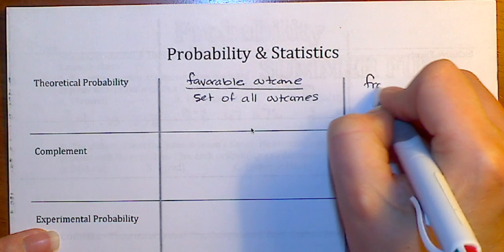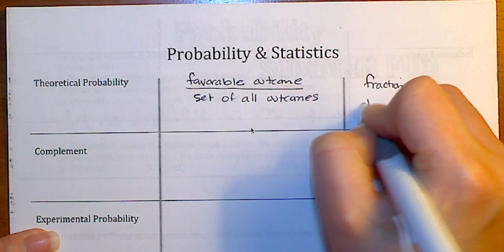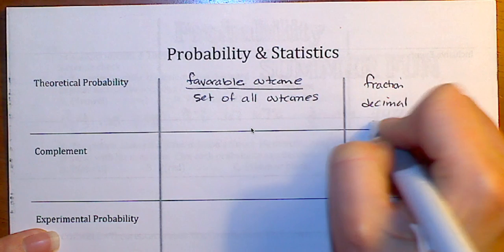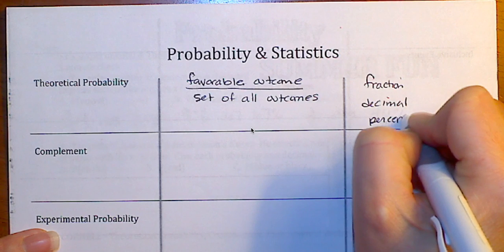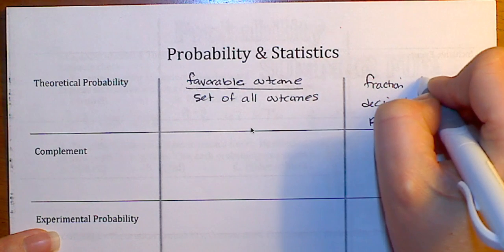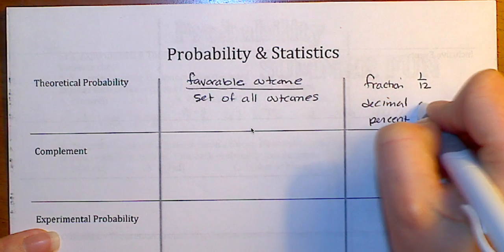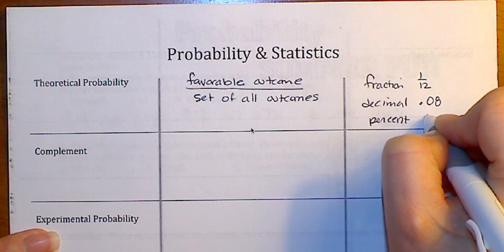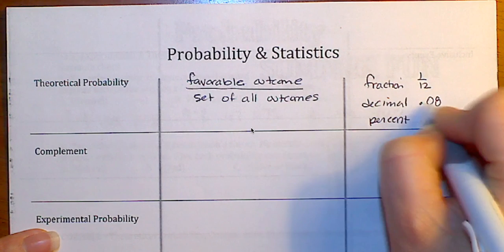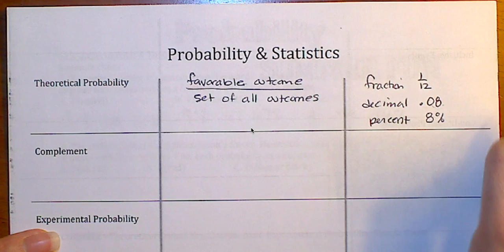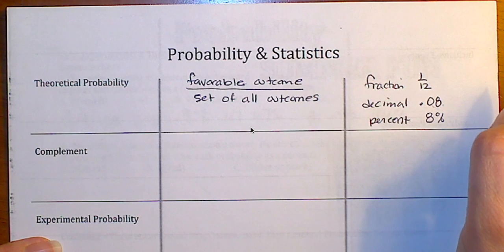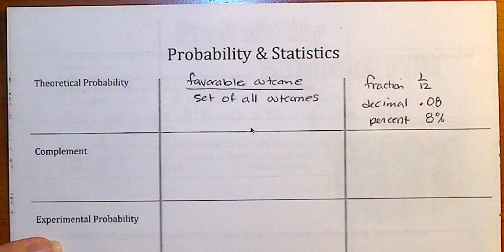You can give it as a fraction, a decimal, or a percent. A fraction like 1/12 would give you a decimal 0.08, and that would be 8%. Remember moving the decimal 2 places to the right. And you always want to use your rounding rules, 5 or above, give it a shove. Always strictly follow those rounding rules, okay?